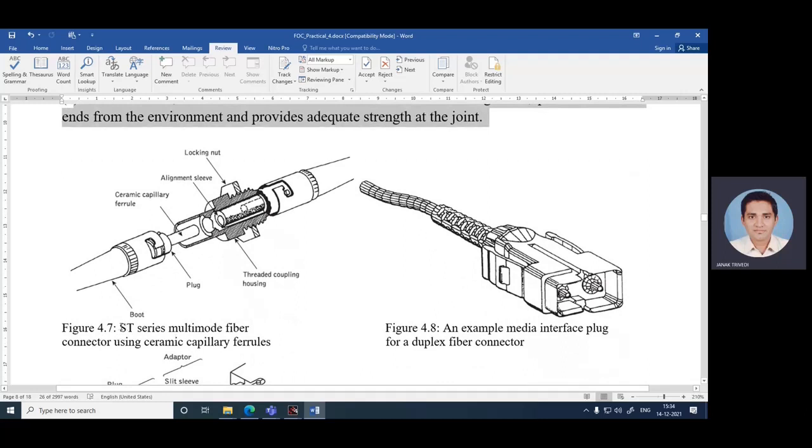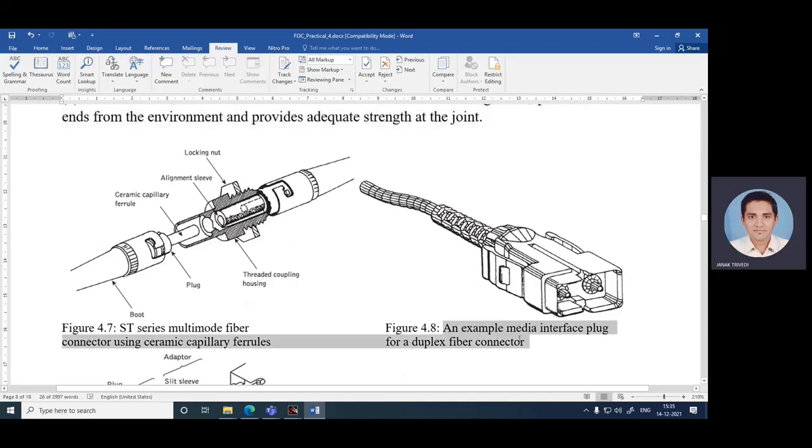Figure 4.7 indicates the ST multiple fiber connector using ceramic capillary ferrules. This is the boot, then this is a plug, ceramic capillary ferrule, then alignment sleeve, locking nut, then threaded coupling housing. Figure 4.8 is an example of a media interface plug for a duplex fiber connector.